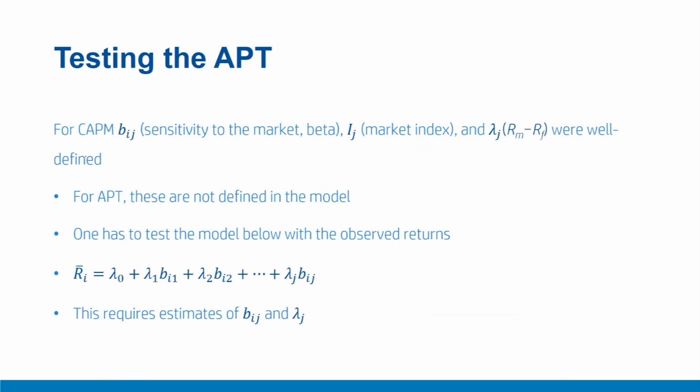For example, if one looks at CAPM, in CAPM this Bij would be something similar to the beta, which is the sensitivity to the market. Ij is the market index here. And lambda j, which is the risk premia, that is the additional return, is Rm minus Rf, the extra return offered on account of this sensitivity beta towards the market index. These are well defined for CAPM.